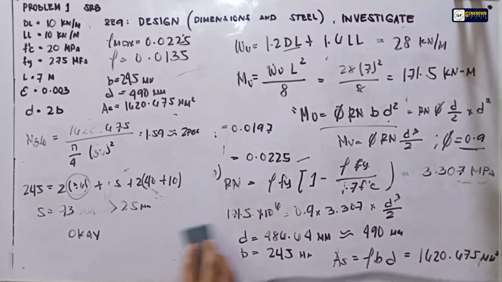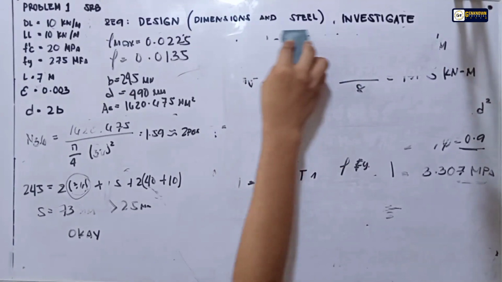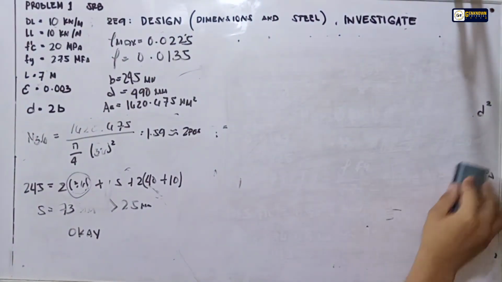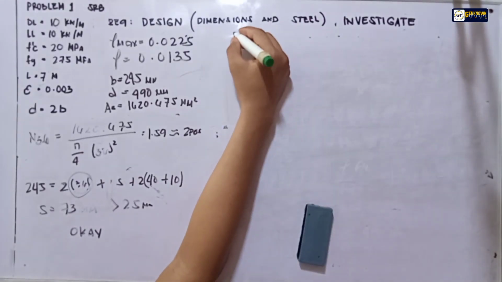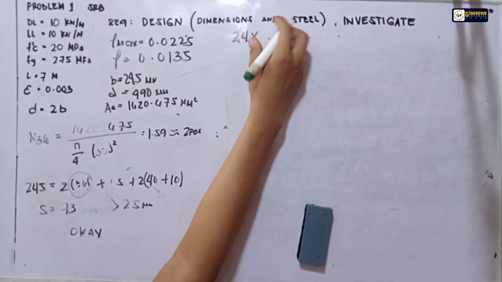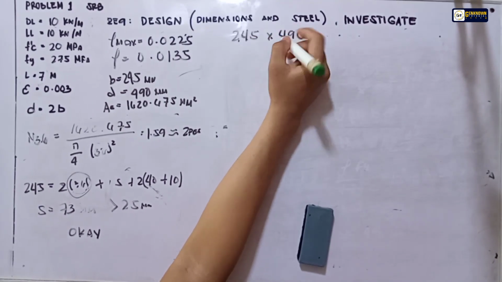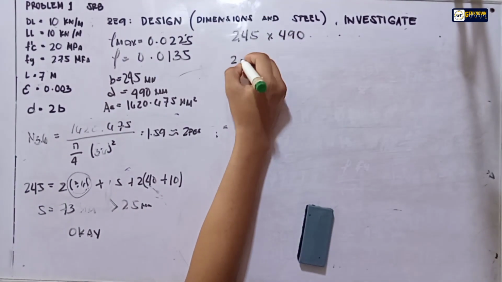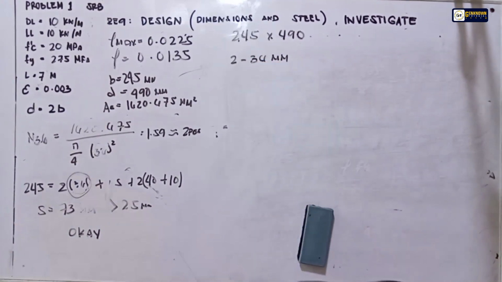So, overall, ang na-design natin is ang base natin is 245 by 490 and gagamit tayo ng dalawang 36 mm na bakal.